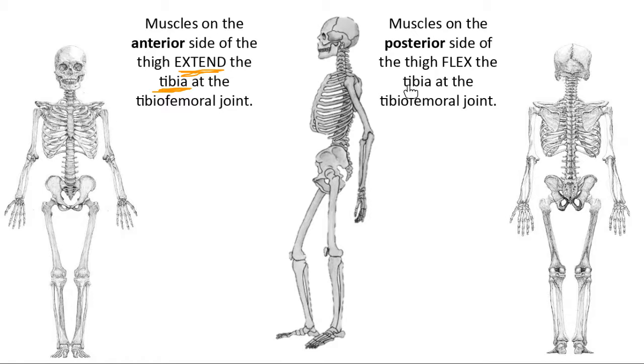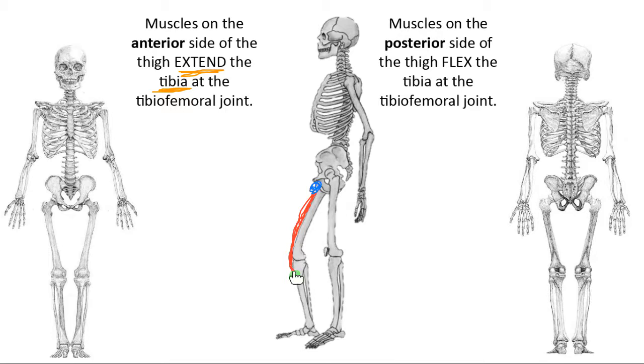So let's look at these muscles here. We'll do one that we did before. We talked about before rectus femoris. Remember that our insertion, the part that's moving, is always down at the bottom. Our origin, the non-moving part, is always up here at the top.